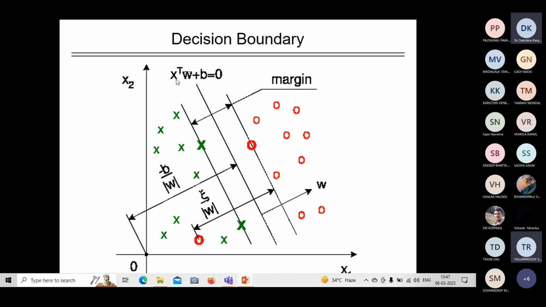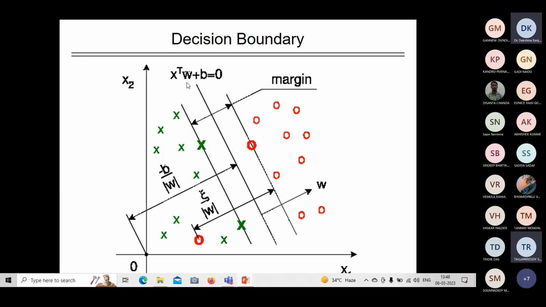Let us consider xi, W transpose xi plus B equals 0. Here xi is some non-informative observation from class C2 or class C1. So in this case, how to get the distance? We get the distance as W transpose xi plus B divided by root under W square.